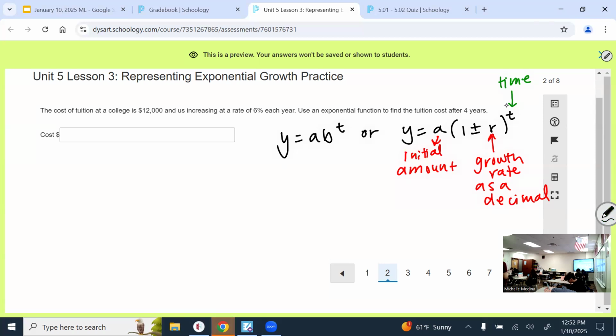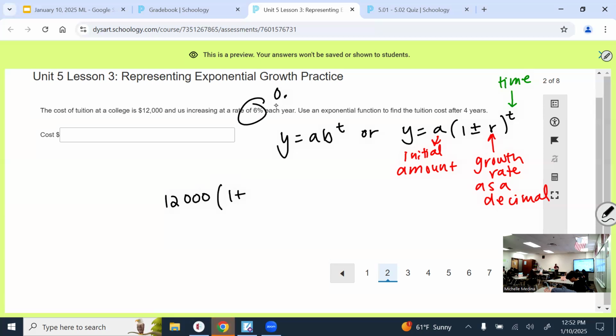So what's my initial amount in this situation? The 12,000. 12,000 is my initial amount. It's going to be multiplied by 1 plus, because it's increasing at a rate of 6%, with 6% as the decimal. That would be 60%.